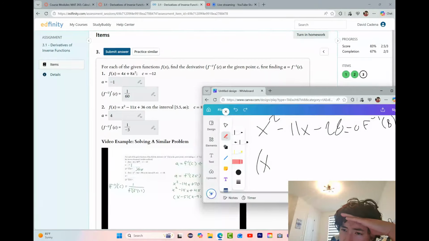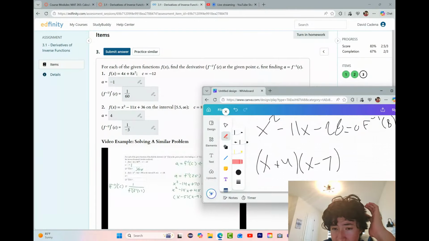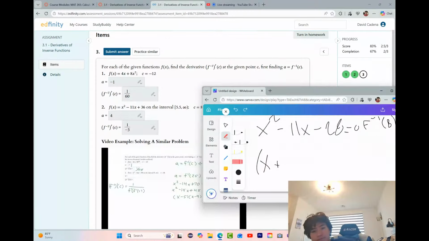If you do positive, yeah, positive won't work. So if we do plus 4, x minus 7, 4 minus 7, yeah, no, that does not work. But it will work for negative 28. If you do negative 4 minus 7, that's negative 11, but you won't get negative 28.